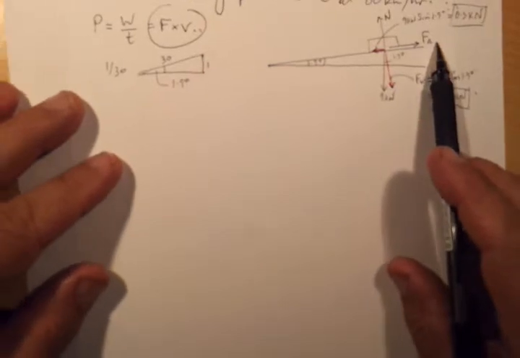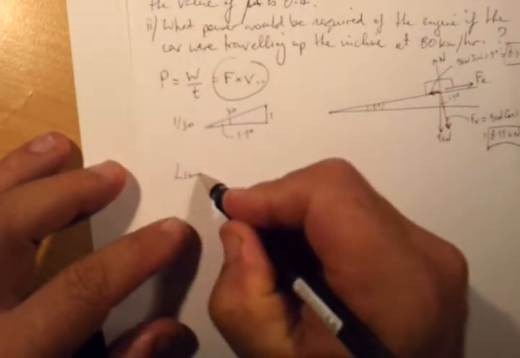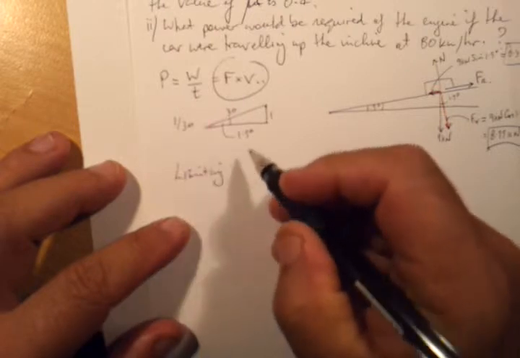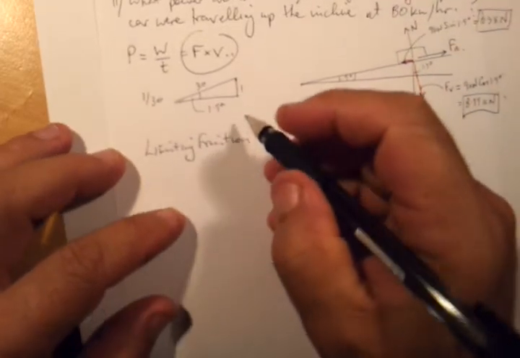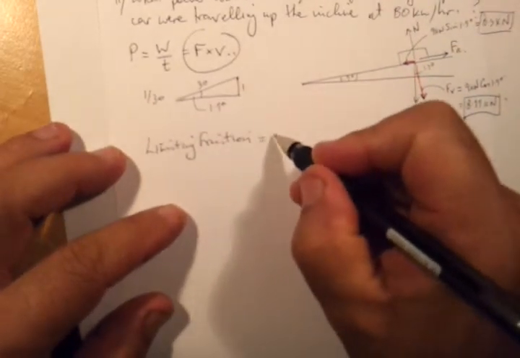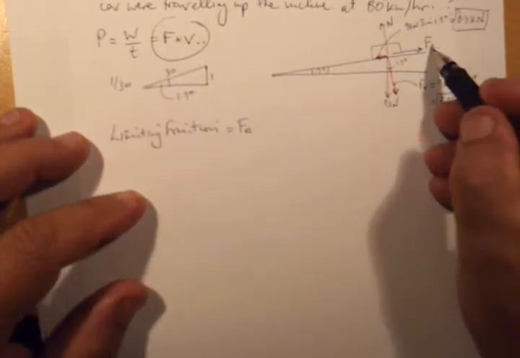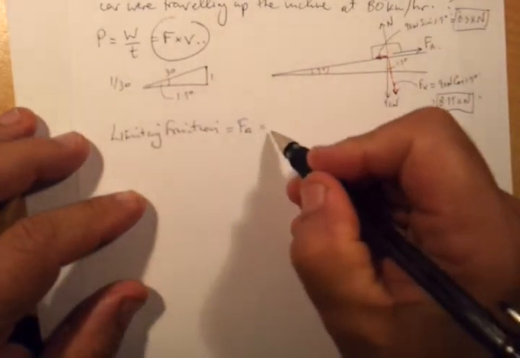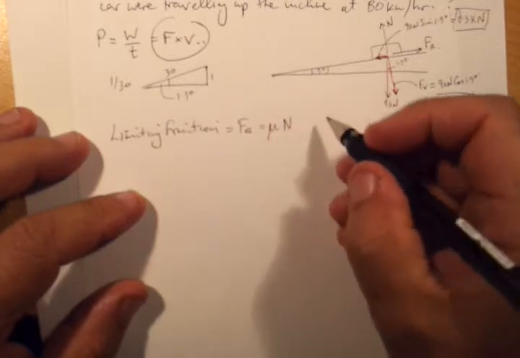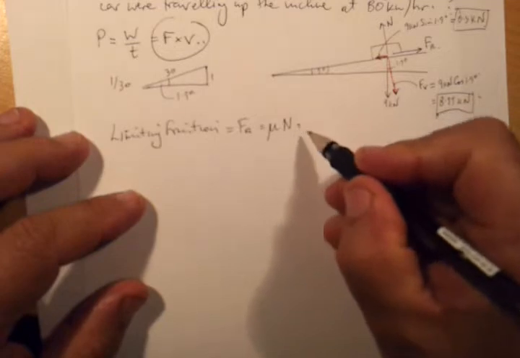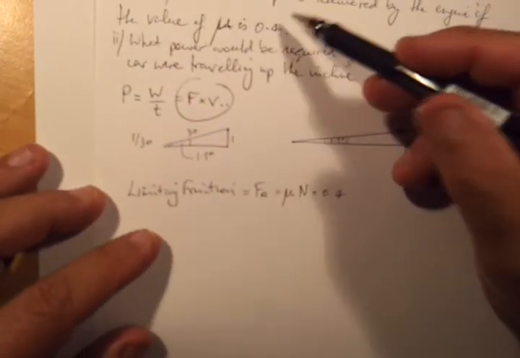Now we're also told something else. We're told that we've got a limiting friction factor. So limiting friction is going to equal FR. That's FR over here. And that's going to equal the coefficient of friction multiplied by the normal force, which according to our information here is 0.4. We've been given that in the question. There it is there.